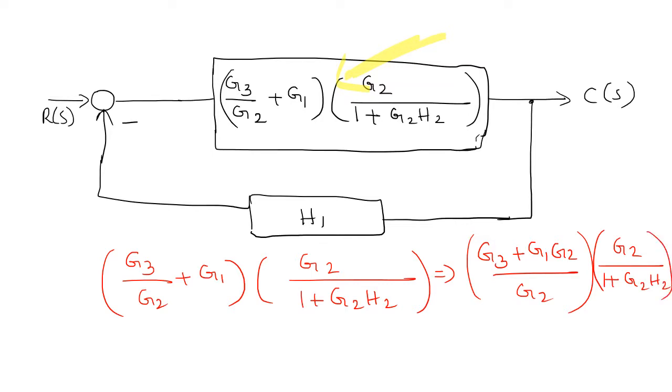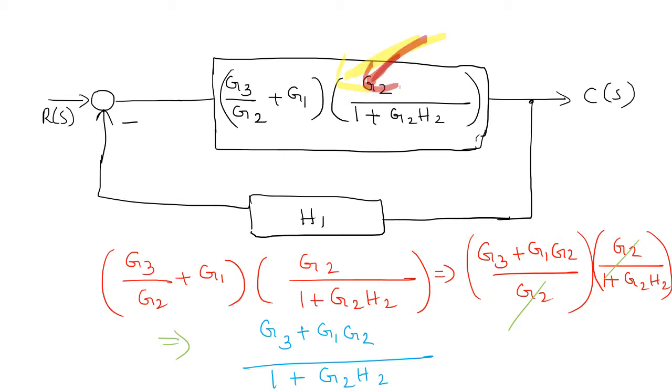We can cancel out this G2, and our final thing we can write as G3 plus G1 G2 divided by 1 plus G2 H2.